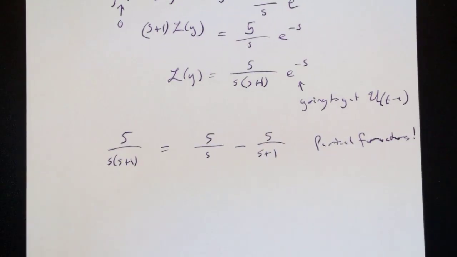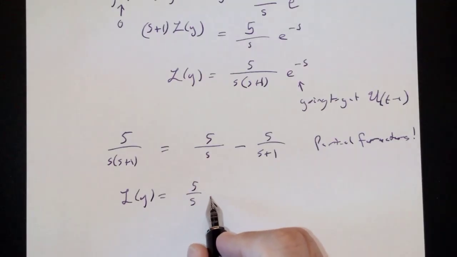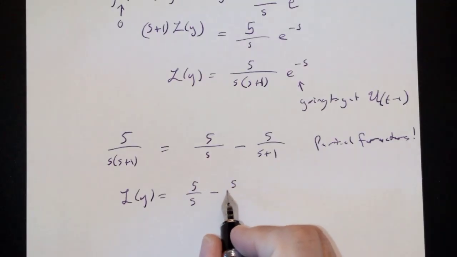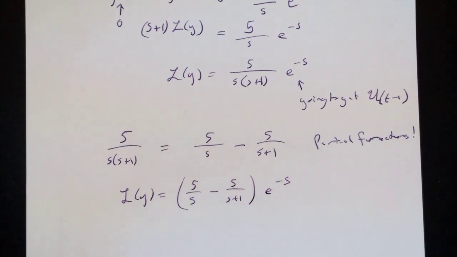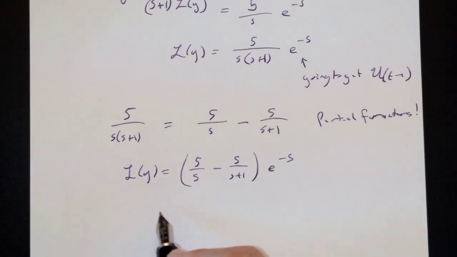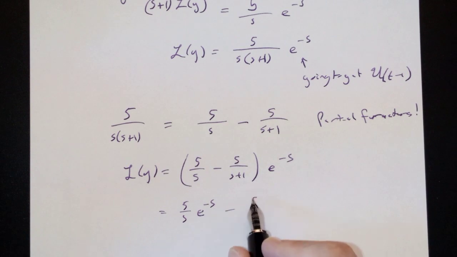So I have the Laplace transform of y is 5 over s minus 5 over s plus 1 times e to the minus s. Wait a second. 5 over s e to the minus s, 5 over s plus 1 e to the minus s.